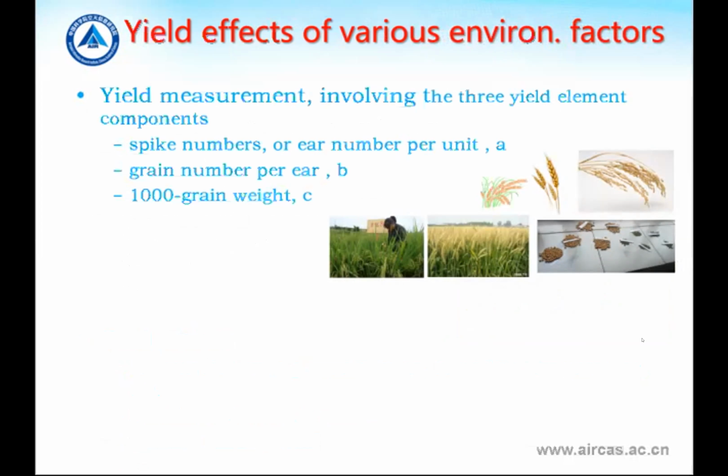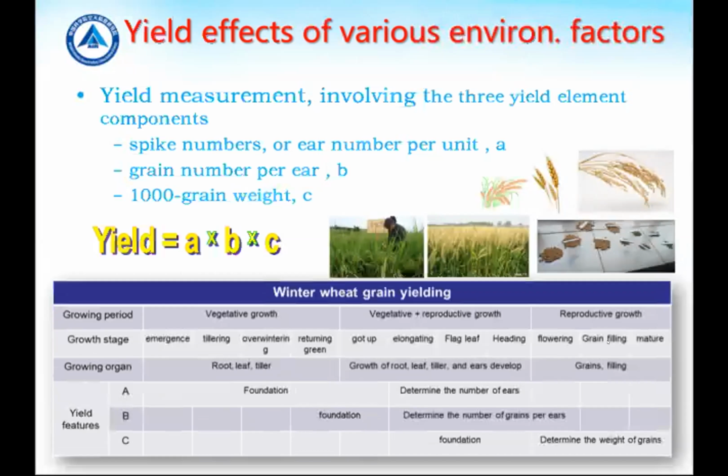It's worth noting that the spike number is related to the growing status during the earlier stage of the growing period. The grain number per spike is related to the growing status of the middle period of the crop, and the grain weight is related to the growing status in the grain filling stage in the late period of the crop.